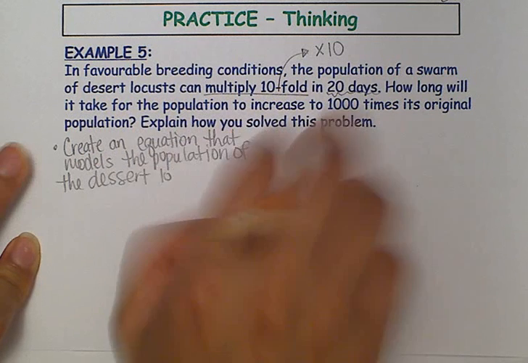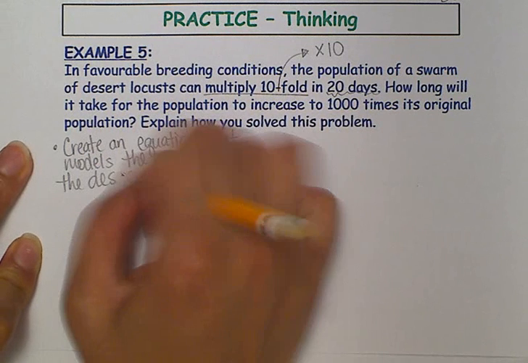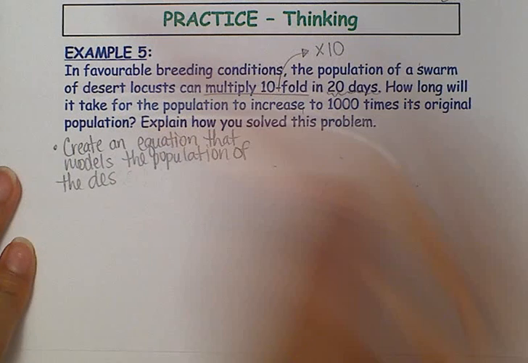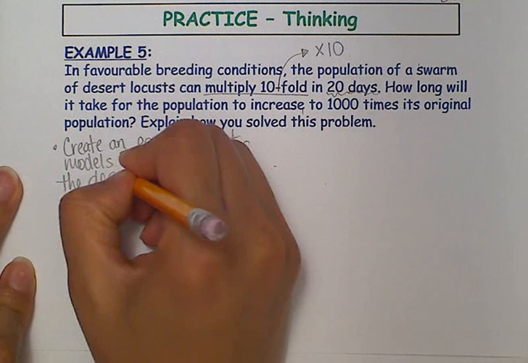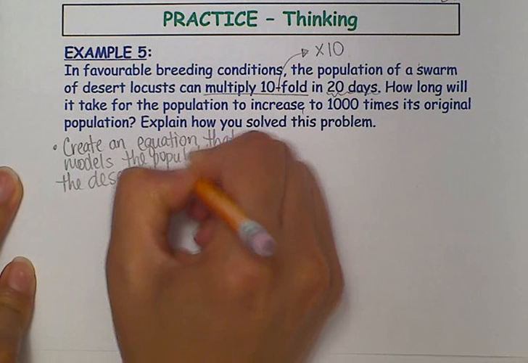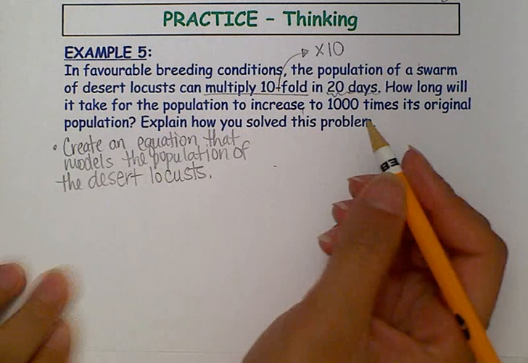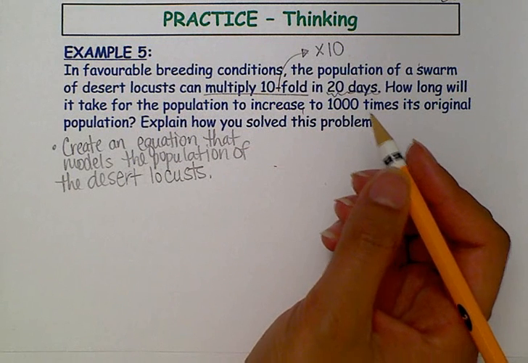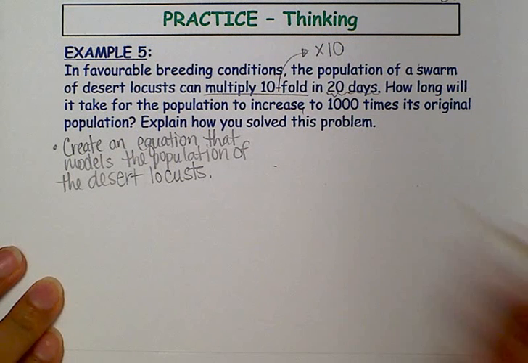I wrote desert locusts. I don't think they're very yummy. So of the desert locusts. Okay, and we're going to use P of t to represent the population. And we don't know what the initial population is, so we're going to leave that as P naught.